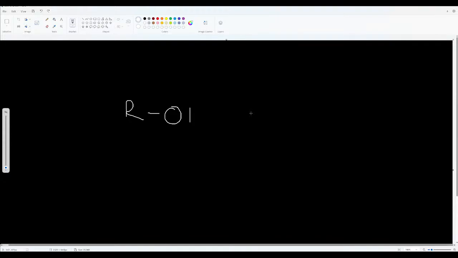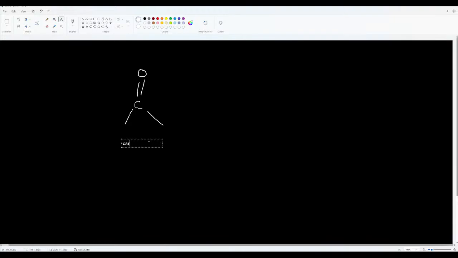Hydroxyl. So now, let's get into one that's not nearly as important, and that's the carbonyl. I'm going to draw this kind of carefully. Notice how I didn't put R groups here, because we're going to discuss that in a second. So this is a carbonyl, or carbonyl.